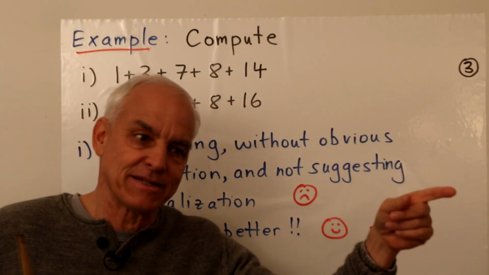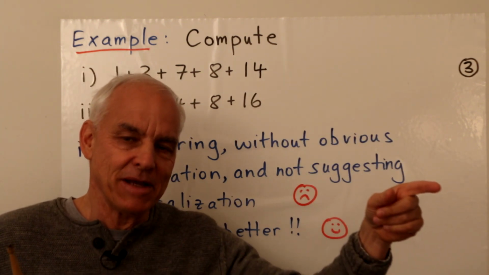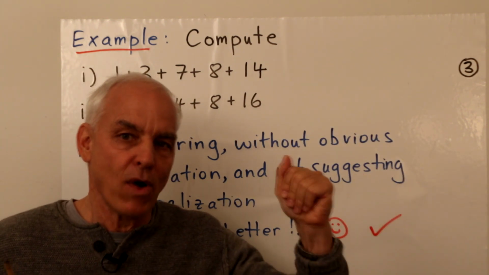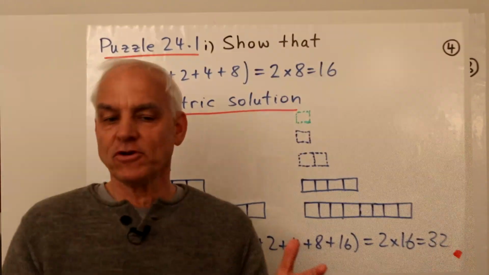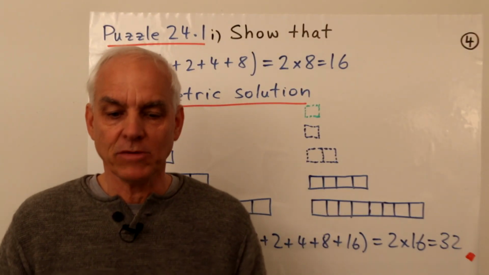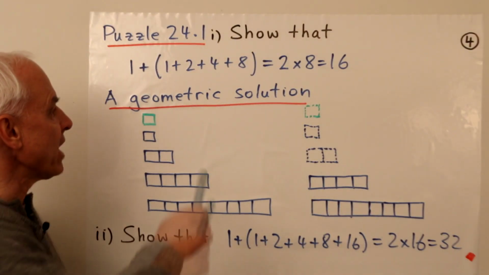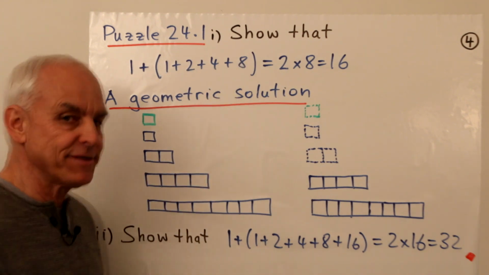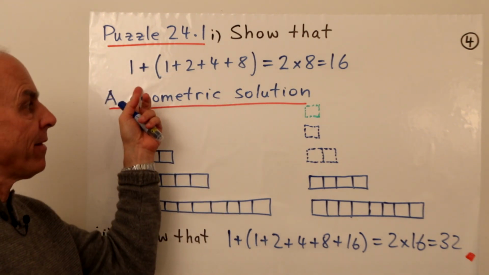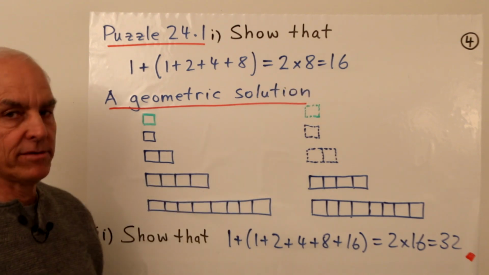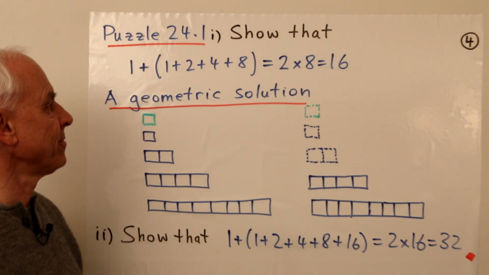You just take the next number in the sequence and one less than that. So our first puzzle is exactly the problem that we've already talked about. It's to show that if you take 1 plus 2 plus 4 plus 8 and you add 1, that you get 2 times 8, which is 16.